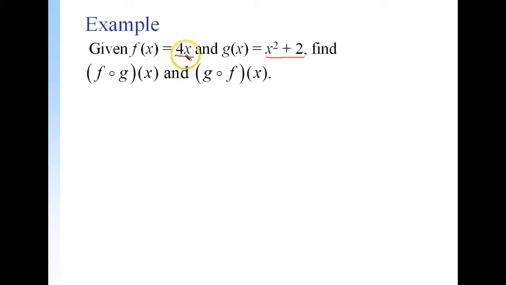So when you do these, again, the first thing you do is you take your g function, which is right here, and then we put that into our f function. So let's take a look at it.